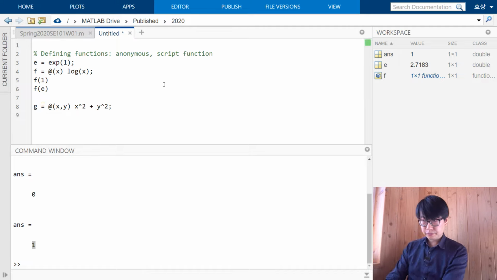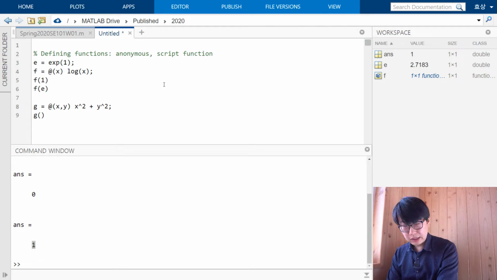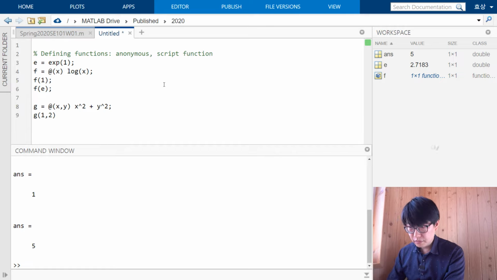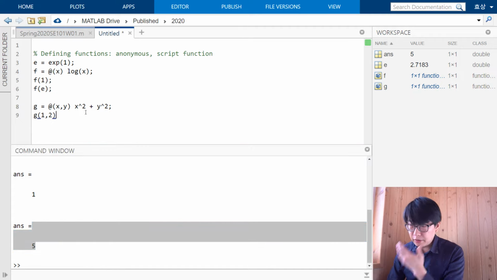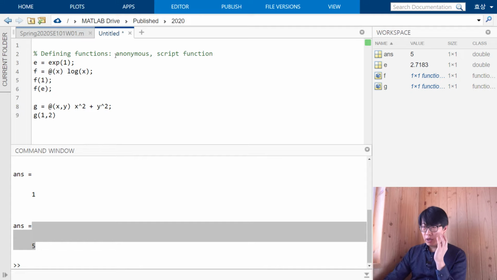Okay, and let's call it with 1, 2 here. So we're basically taking 1 squared plus 2 squared, which should be 5, right? So the answer is 5.